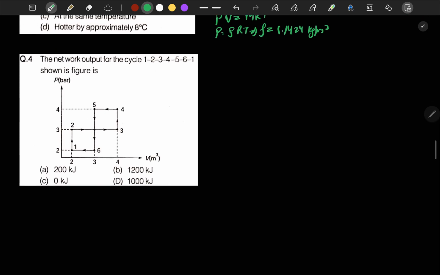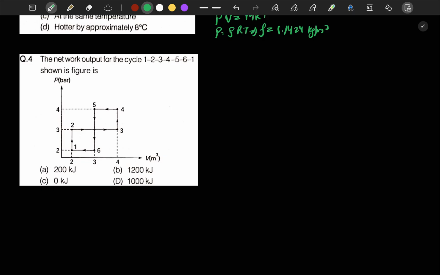Okay, next is the net output of the cycle 1 2 3 4 5 6 1 shown in the figure. So we have to calculate net work output. Net work output is the area under the PV curve.